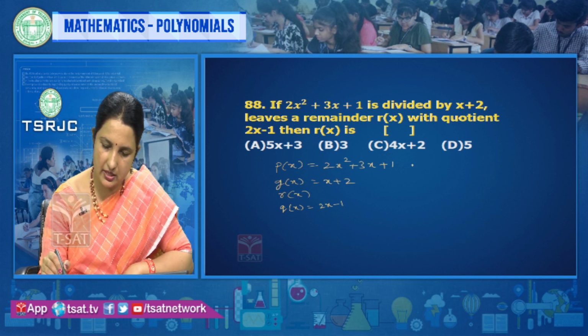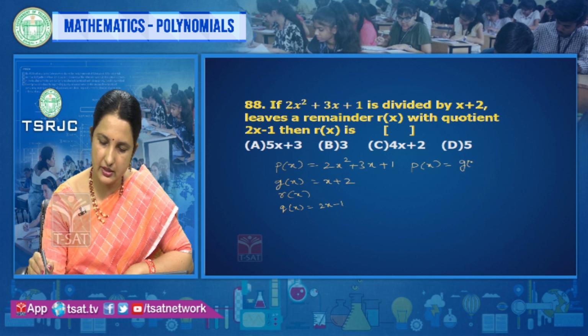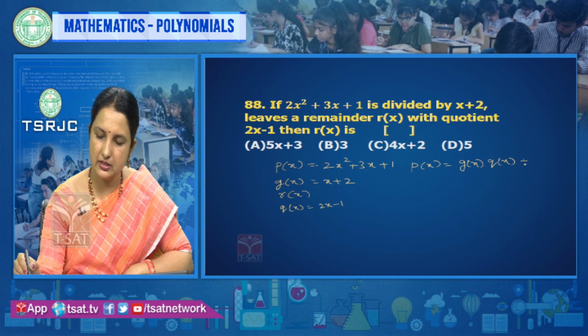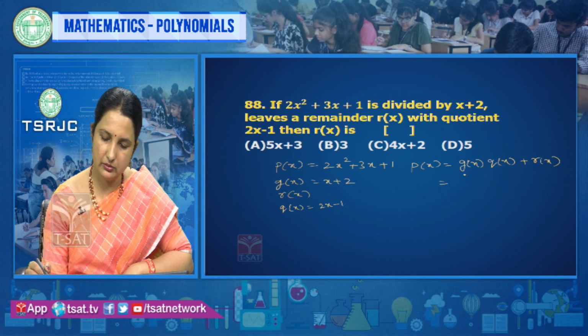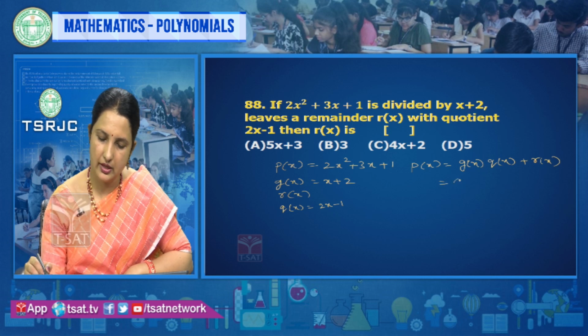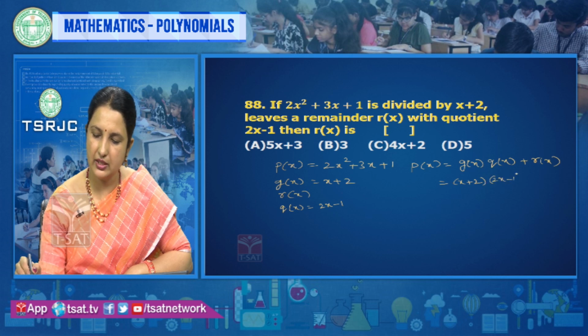So, p of x equals g of x into q of x plus r of x. Now multiply x plus 2 into 2x minus 1.